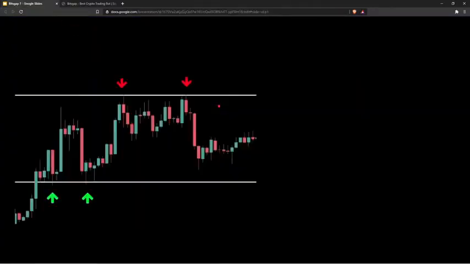So the optimal strategy here is to look for the channel formation. When you see a clear support line and a clear horizontal resistance line, and the price bounces off the support and reverts from the resistance. So this is a clear indication that the market right now is in the sideways formation, and you can take advantage of the price swinging back and forward from the support and resistance.